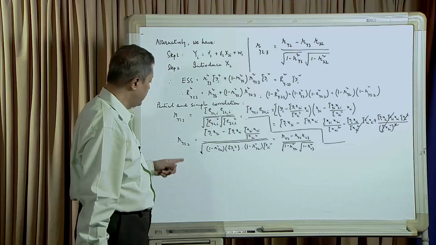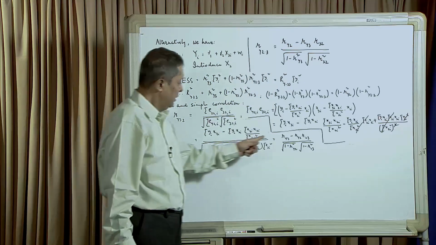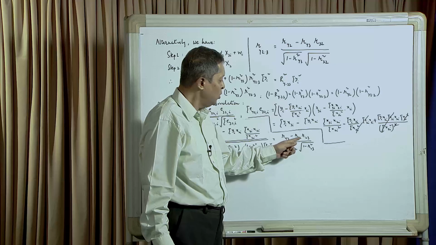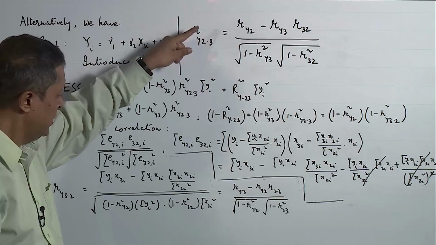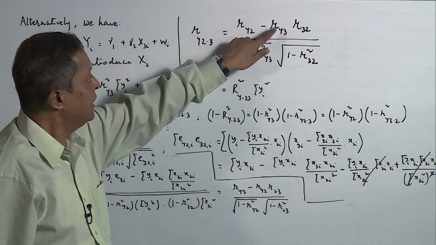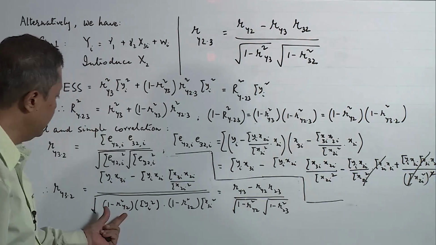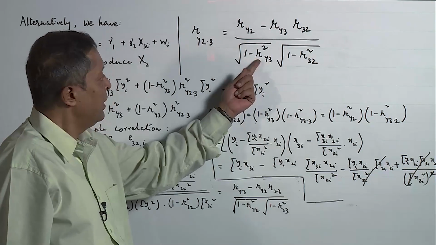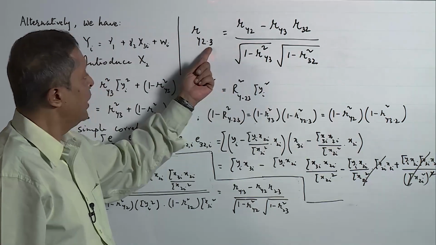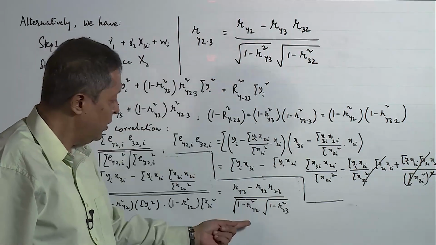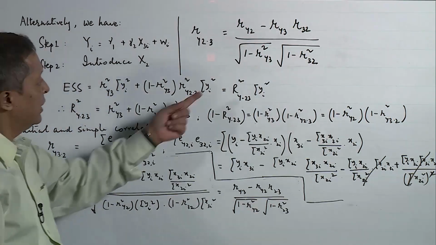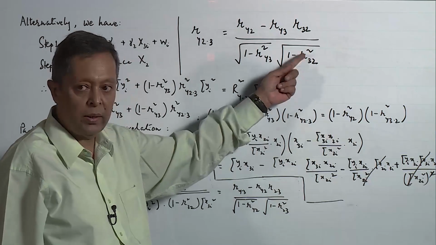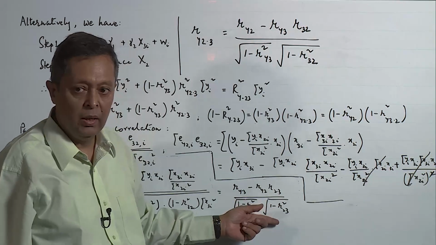Please look at the symmetry: y3.2 is y3 minus y2 r 2 3. So, y2.3 here is y2 minus y3 r 3 2, and in the denominator you have 1 minus r square y3 when you are cleansing it of 3, here you have 1 minus r square y2 when you are cleansing it of 2, and the other terms are same because r square 3 2 is the same as r square 2 3.